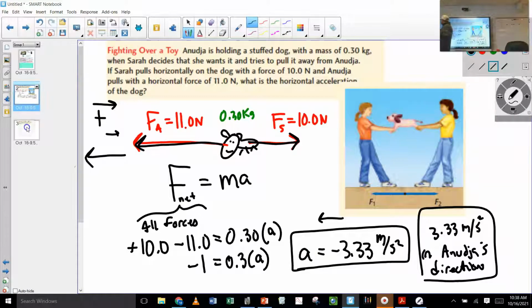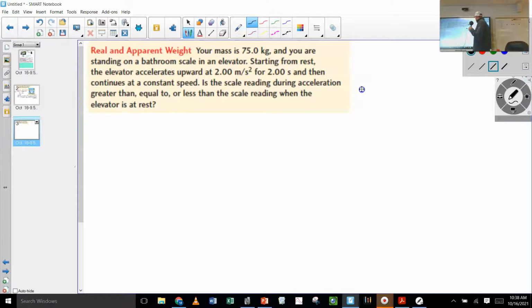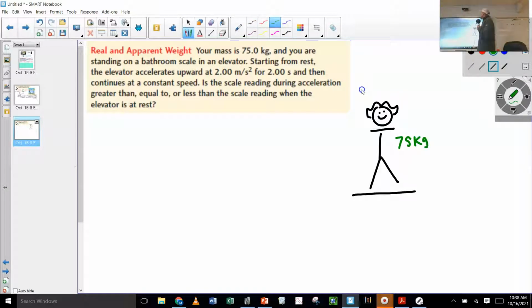Here's another example. There is a person standing on a bathroom scale. Your mass is 75 kilograms. And you are in an elevator starting from rest. The elevator accelerates upwards.